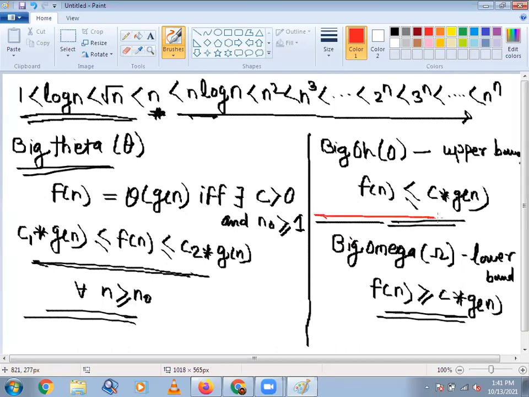This is the definition for big OH, this is the definition for big omega, and this is the definition for big theta. And this big theta is also known as average bound.